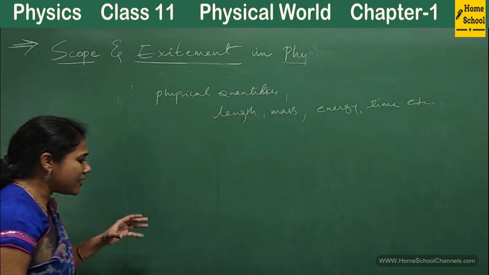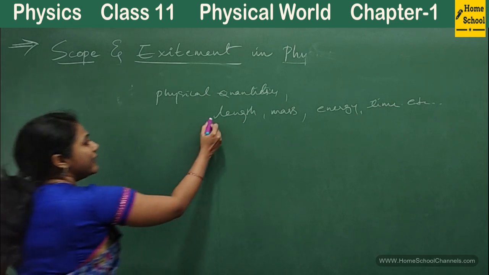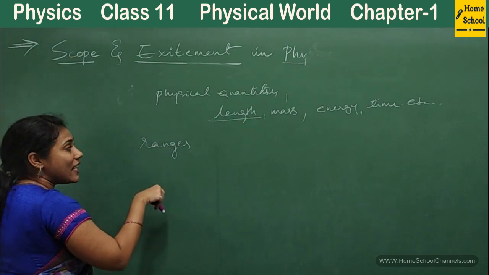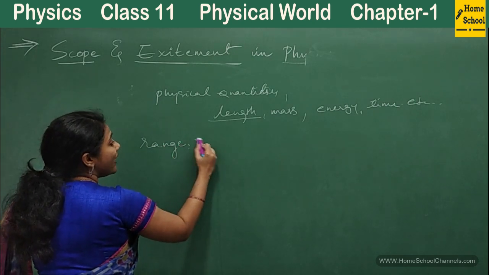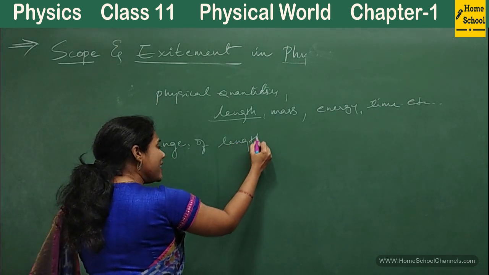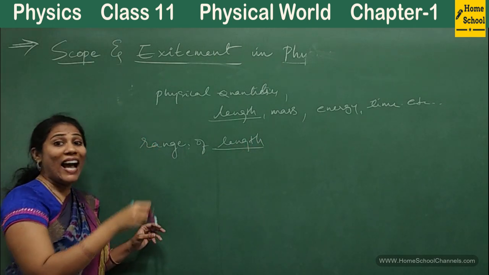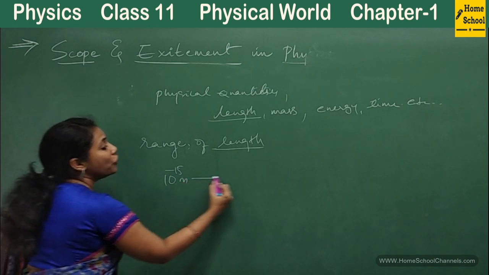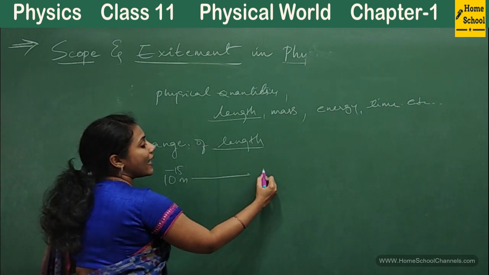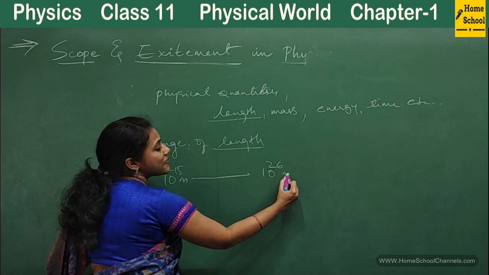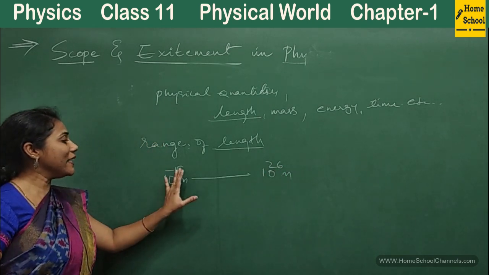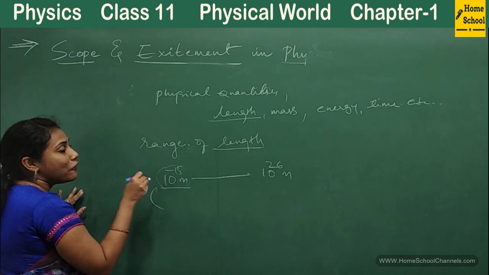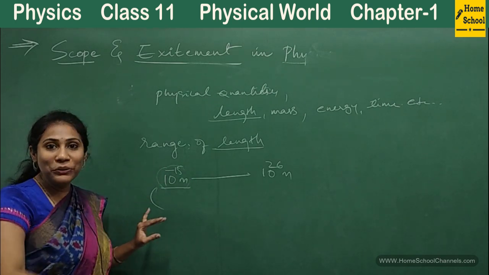See, just try to observe length. If you come to length, what ranges of lengths will you study in physics? Range of length I'm giving you. We study lengths as small as 10 power minus 15 meters to lengths as big as 10 power 26 meters. 10 power minus 15 meter, this number you will find for the size of a nucleus.